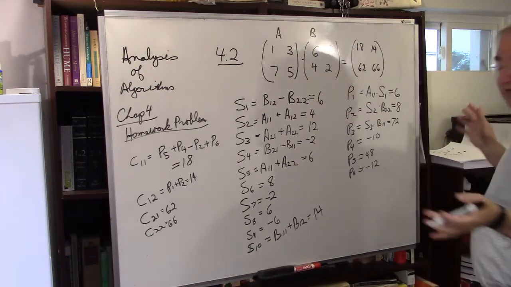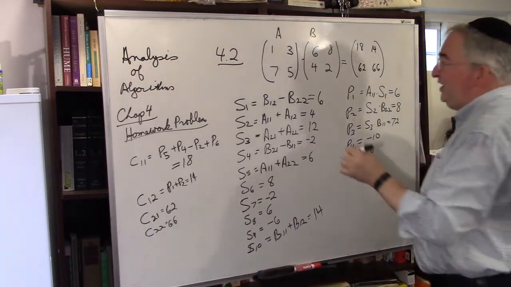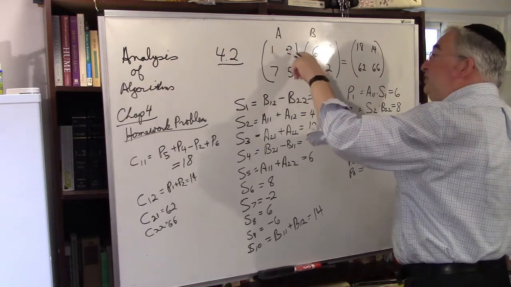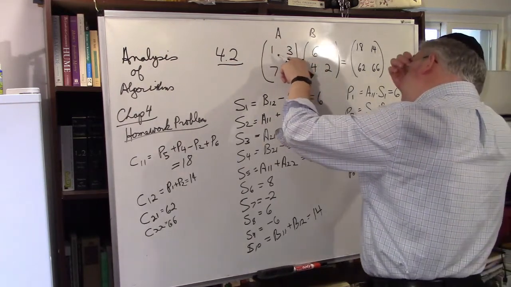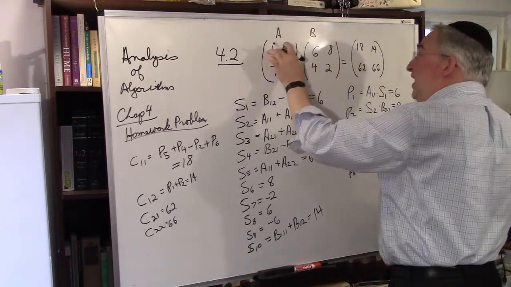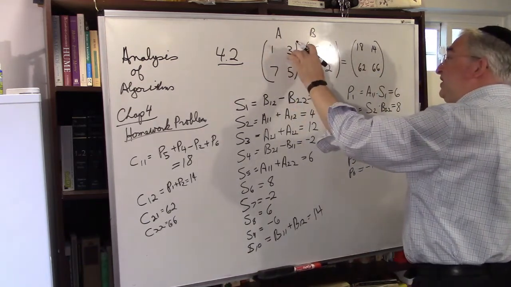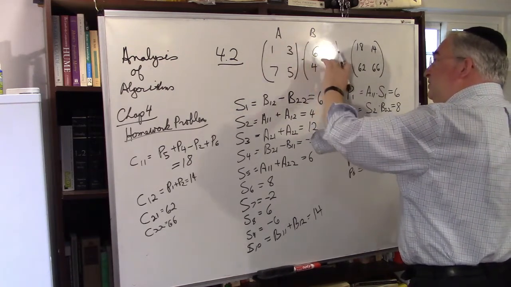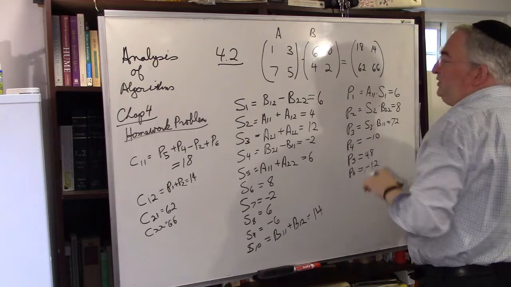Okay, and there's a very easy way of checking that I did it right. 6 times 1 is 6 plus 4 times 3 is 12 is 18. Let's do this. 8 times 1 plus 2 times 3 is 8 plus 6 is 14.